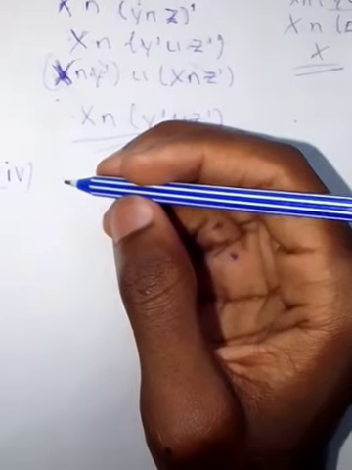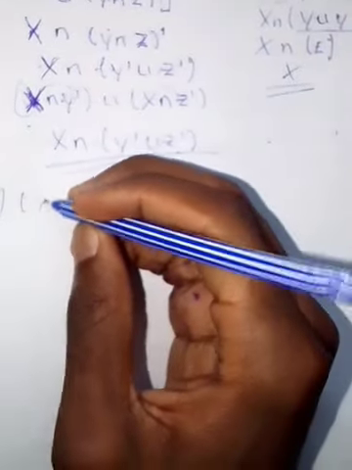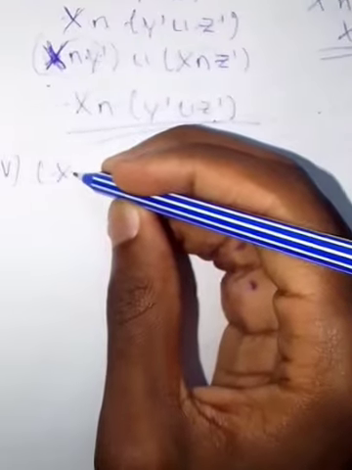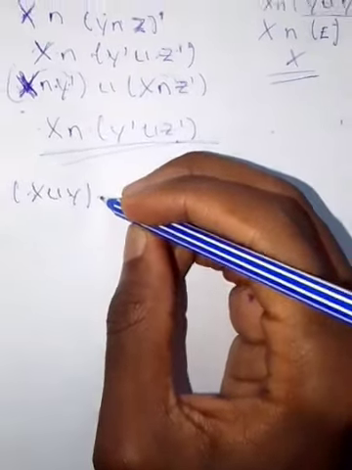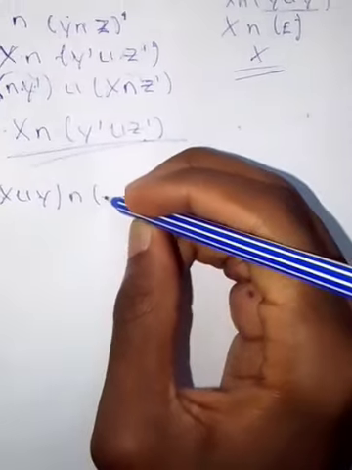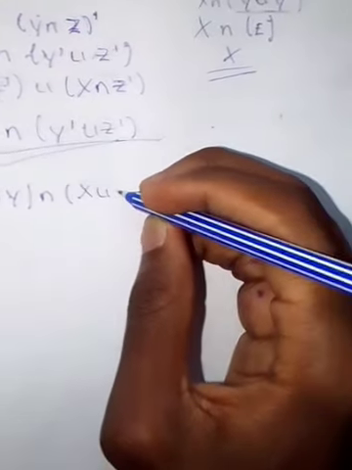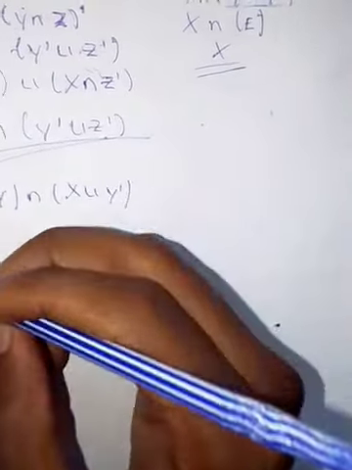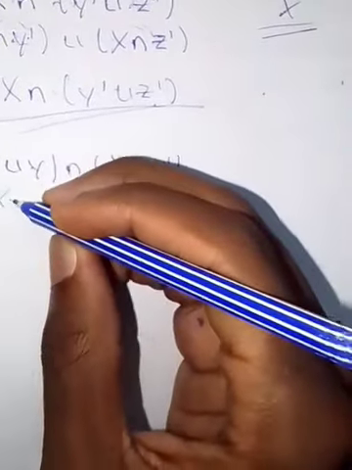So question 4, they want us to simplify this. X union y intersected with x union y complement. Again, we are going to factor out what is common.